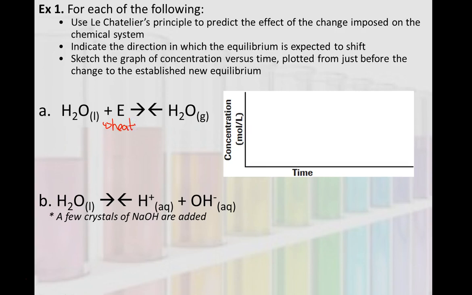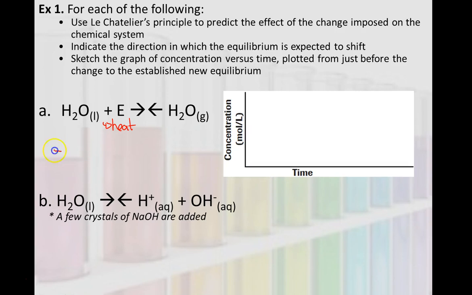What should happen? Would I have a shift towards the products or towards the reactants? I would have a shift towards the product side, right? Because energy is on this side, we just treat it as if it was a reactant. So the whole system would shift to increase the amount of water being produced.